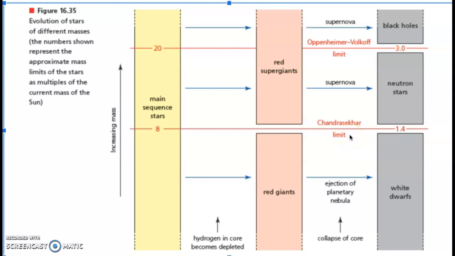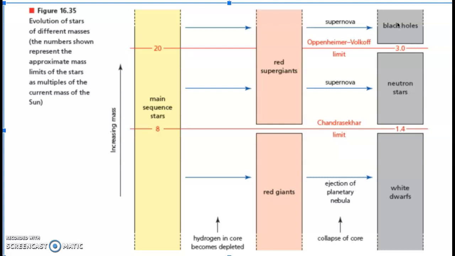Below this size, we go from a red giant becoming a white dwarf and then shedding that planetary nebula, which we discussed yesterday. And at 8 solar masses or more, we now reach a supernova. The supernova will either lead to a neutron star or a black hole.